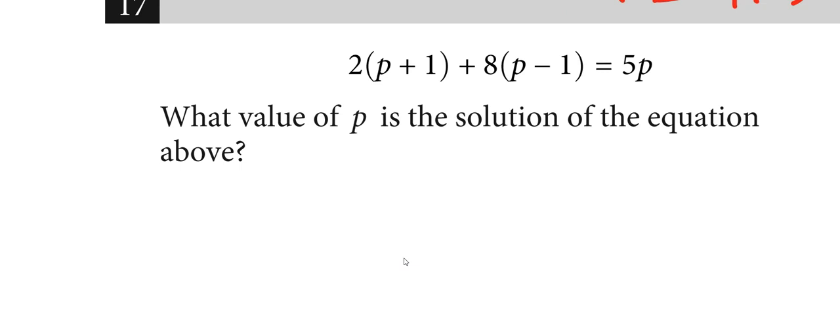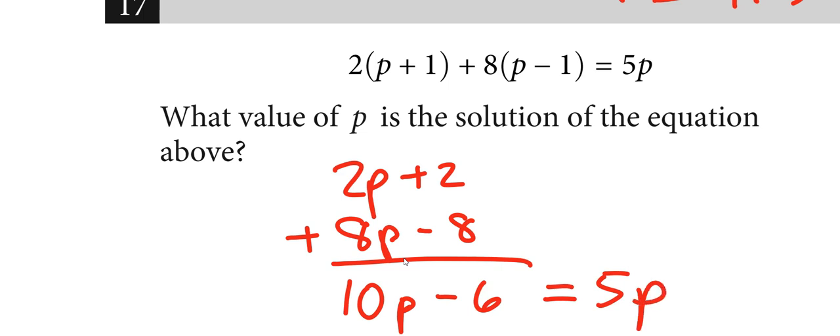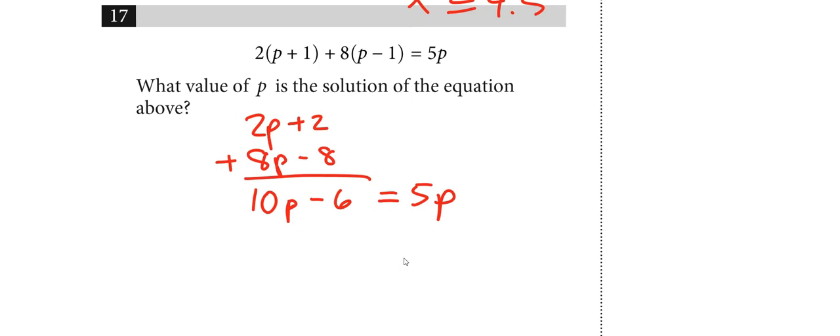17. I'm just seeing if there's something faster we could do here. I don't think so. 2p plus 2, 8p minus 8, 10p minus 6 equals 5p. So, whoa, lock it in place.